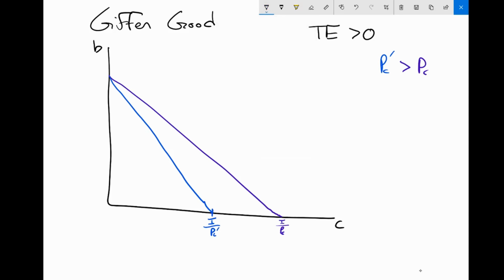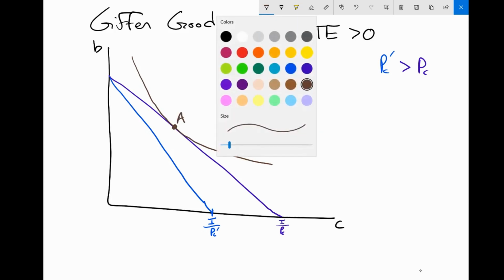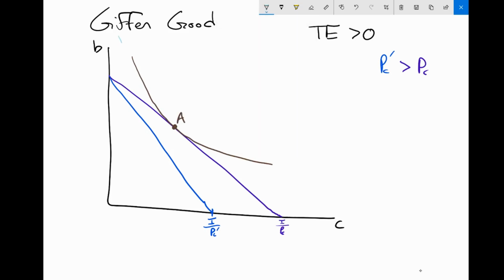And here's my original preference, A. Then to illustrate the substitution effect, I draw the compensated line here. All right, PC prime. So here's my bundle C, and here's C star.